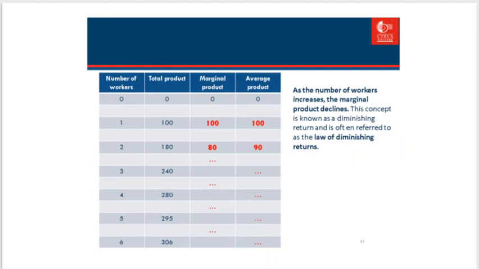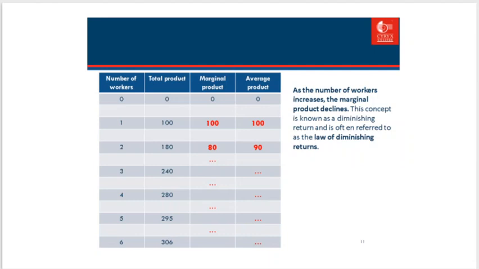Average product. How to get average product? Average product is total product divided by number of workers. So we will also get 100. Now let's go to the number of workers. If there are 2 workers, again we can see total product is increased from 100 to 180.